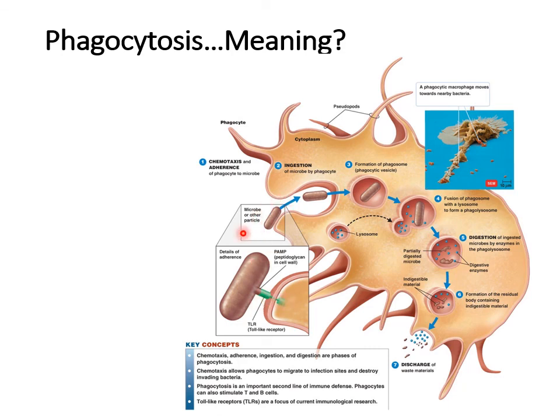So the phagocyte or macrophage will engulf that bacteria, and what's inside the white blood cell? There are enzymes from lysosomes in there, and you already know lysosomes tend to have enzymes that can break down that bacteria.